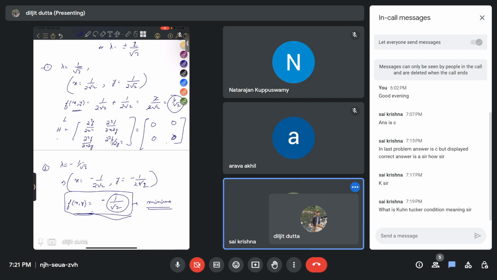Okay. But the syllabus is not covered for that question in the class also. That is the problem. So is the question only an equality constraint, or does it have an inequality constraint also?